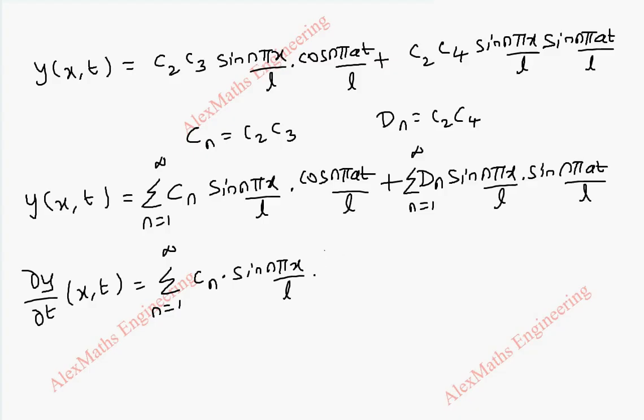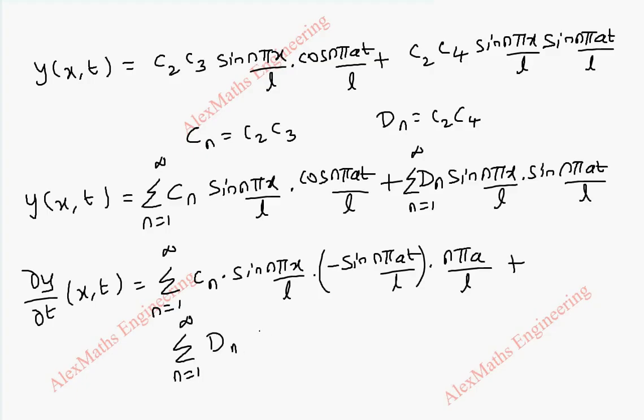Then this term's differentiation is minus sin(n pi at by L) into n pi a by L. Coming to the next term, summation n from 1 to infinity, Dn, again we keep sin(n pi x by L) as it is, and the sine differentiation is cosine. So cos(n pi at by L) into n pi a by L.